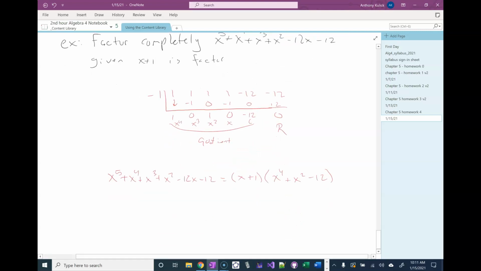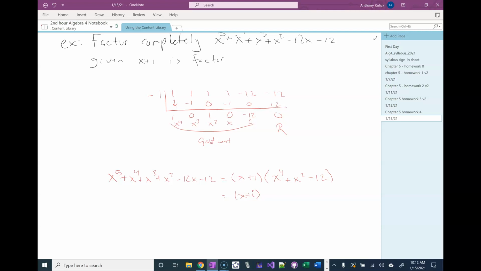Okay. Notice that x plus 1 clearly is not factorable anymore since it's linear. X to the 4th plus x squared minus 12 has 3 terms. It's in the quadratic form. Its leading coefficient is 1.